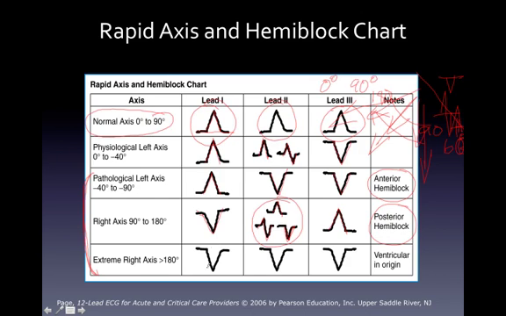And last but not least, our extreme right axis deviation, greater than 180 degrees, would be up top, negative 90 to negative 180 in this quadrant. Up top, we essentially had four quadrants: normal axis, left axis deviation, right axis deviation, and then this was extreme right axis deviation.